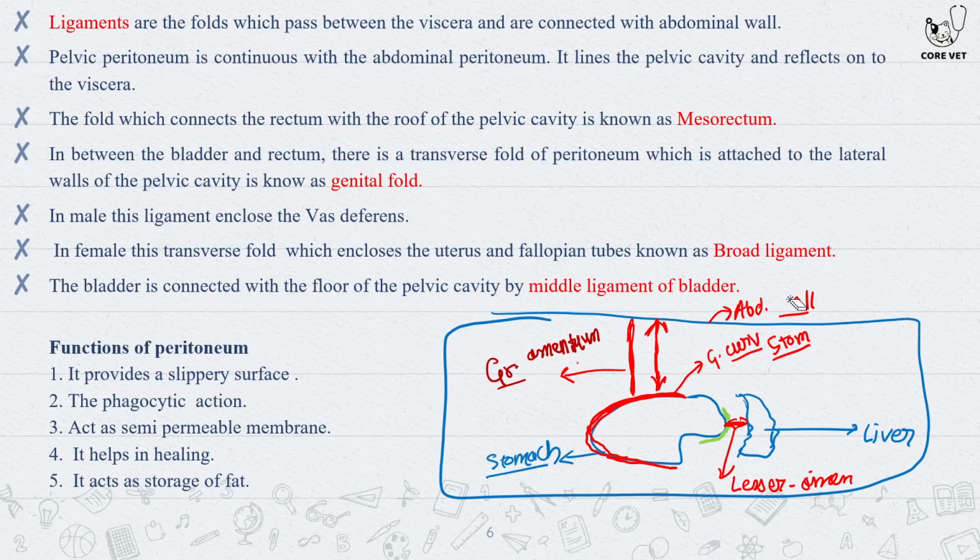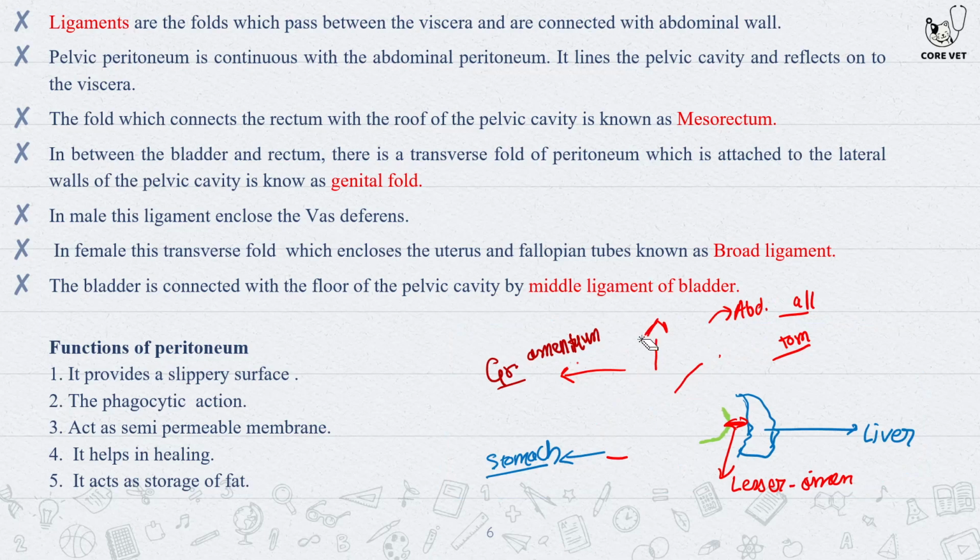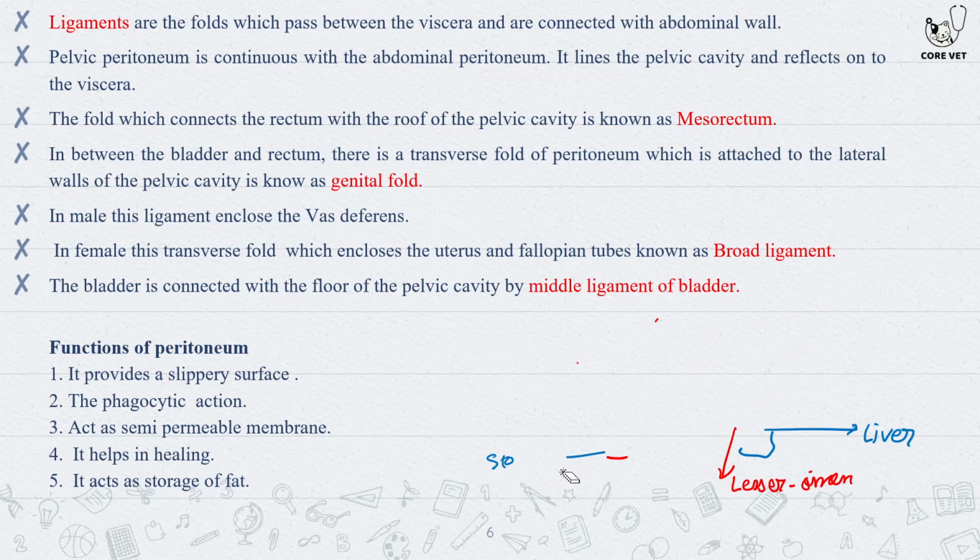So now coming on to the next topic. Wait a second, let me clear the slide first, because here also I have to explain further. Now, coming on to the ligaments. Not the ligaments that we study in the case of joints. So what are ligaments?